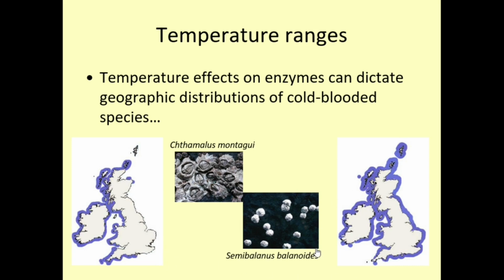If we look at this species, well, their optimal temperature is just a slight bit lower than the other species. So it enables them to move into the cooler parts of the UK, so they can survive on the east coast.